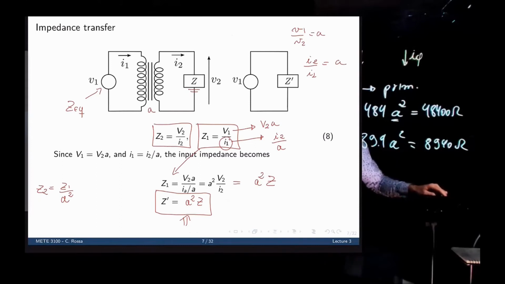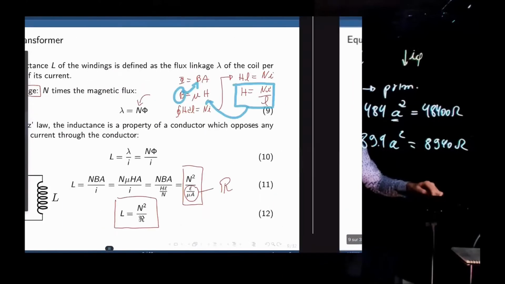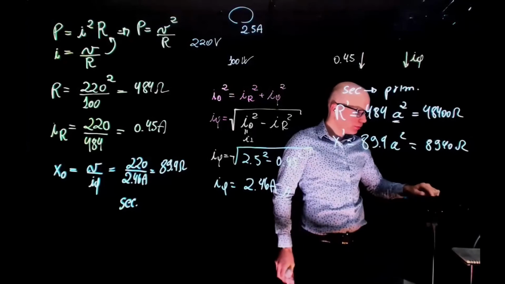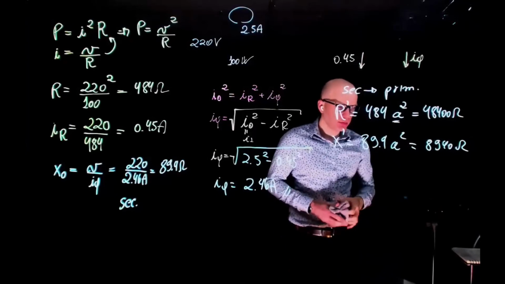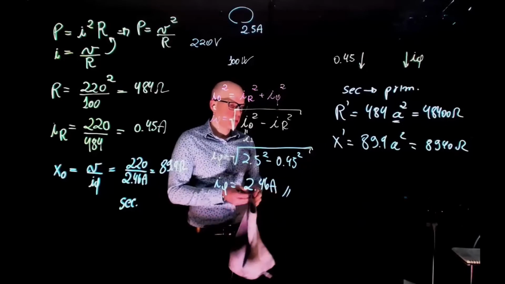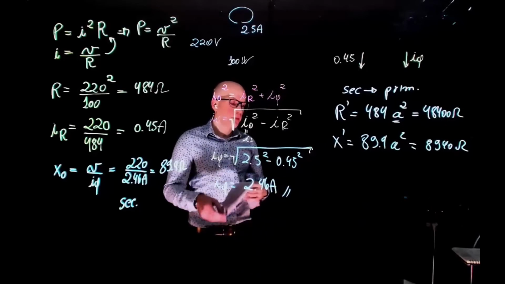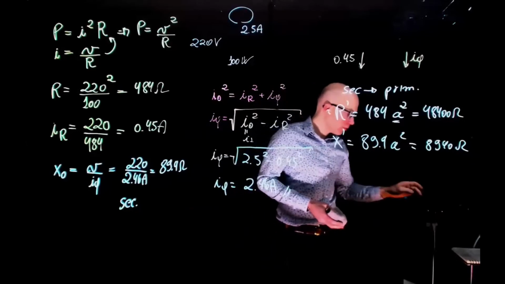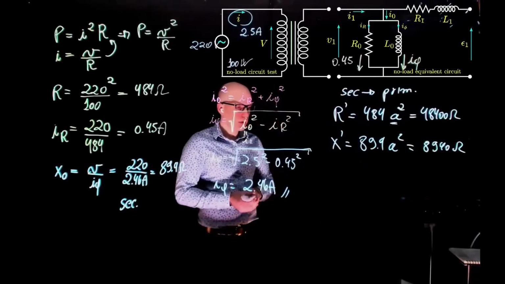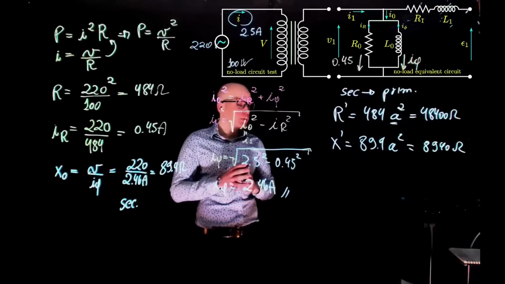Back a couple of steps when you were doing the calculation for I phi squared equals I naught squared minus IR squared. You just subbed in 2.5 for I naught squared, so you just moved over that current. No, I didn't move it over.